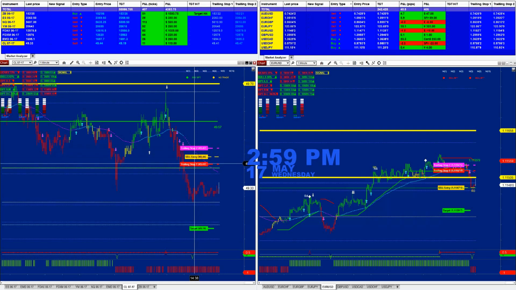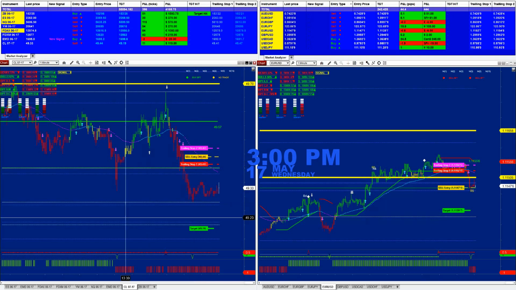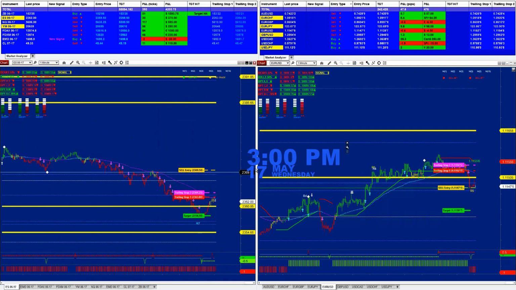So if you are taking an automated trade or an ATM trade, you can adjust it to go on the minor trailing stop, or you can do it on the major, as an example right now.